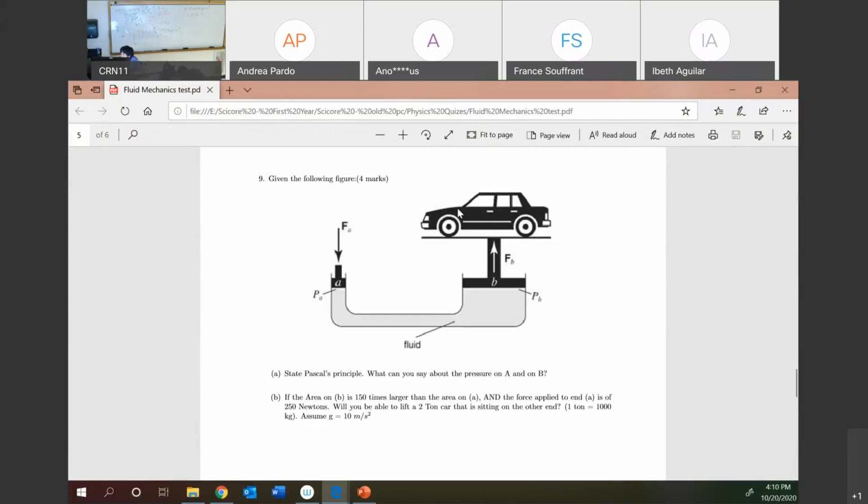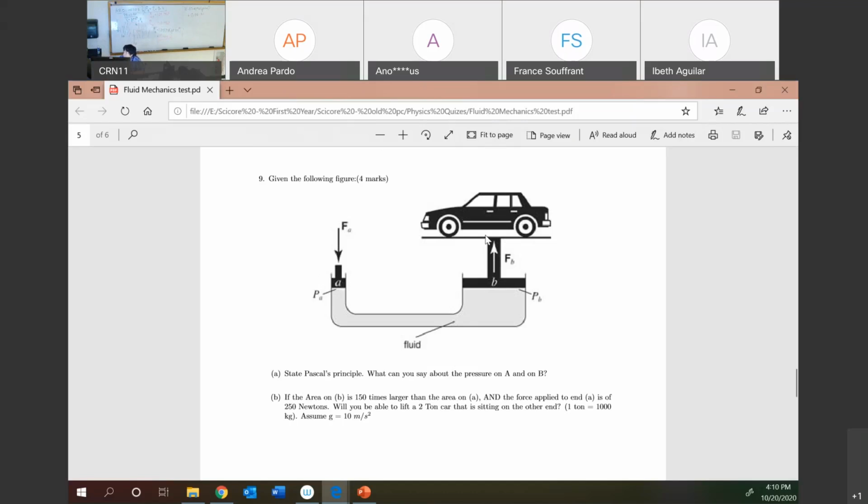That is a very common device where you have a piston. So here you have a piston. And normally you have a device that you push. And then you push several times and you can lift a 3 to 4 ton car. In this case, I gave them 2 ton. 2 ton is 2,000 kilograms, quite a lot.